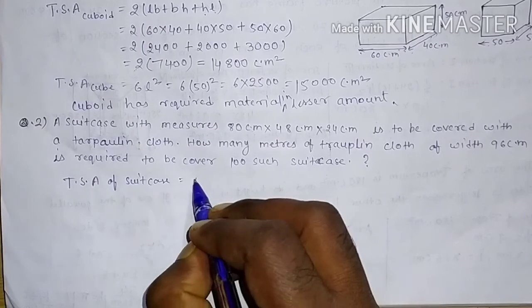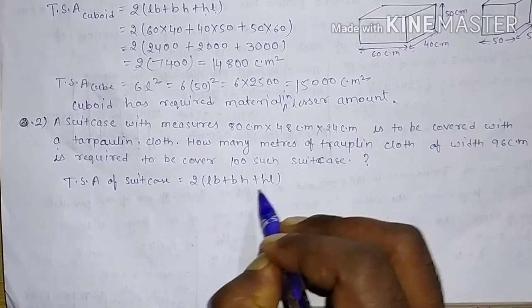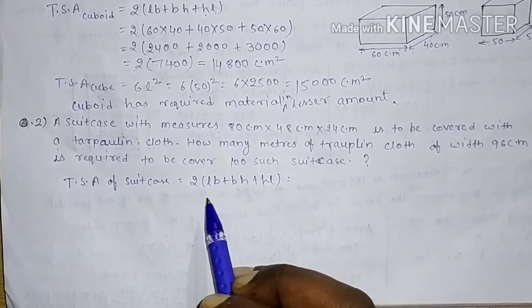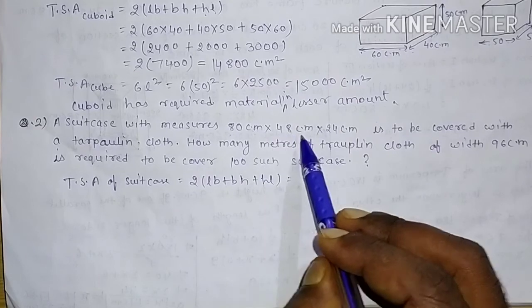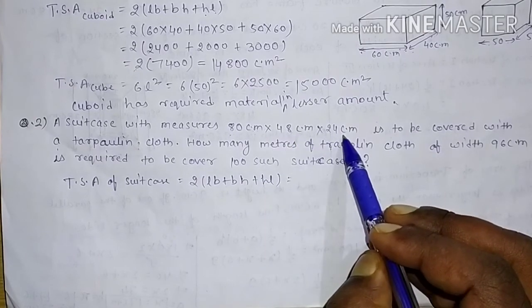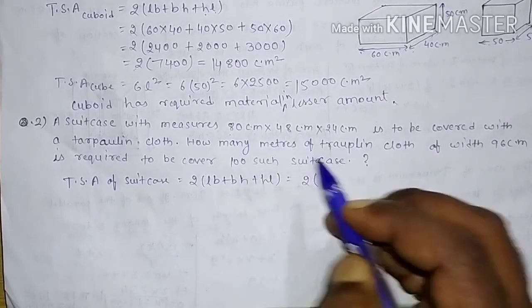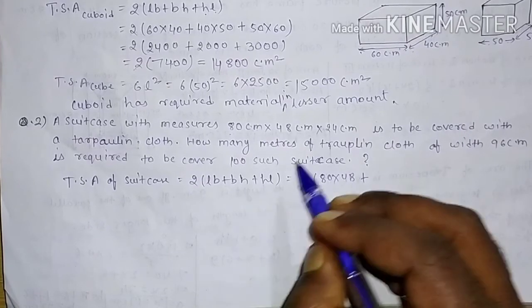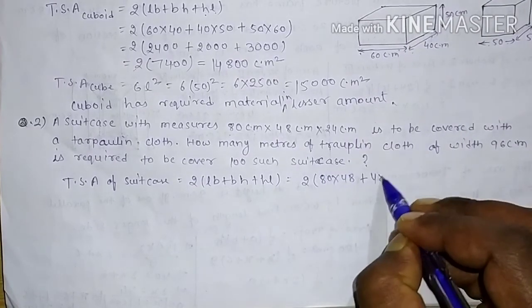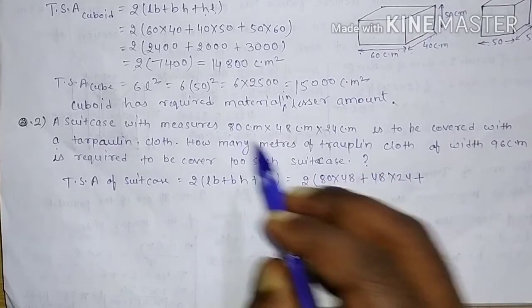So the formula is twice of LB plus BH plus HL. Now just put the value in this formula. So length is 80 and breadth 48 and height is 24 centimeter. So it will be 2 LB, that is 80 into 48, plus BH, so 48 into 24, plus HL, that is 24 into 80.